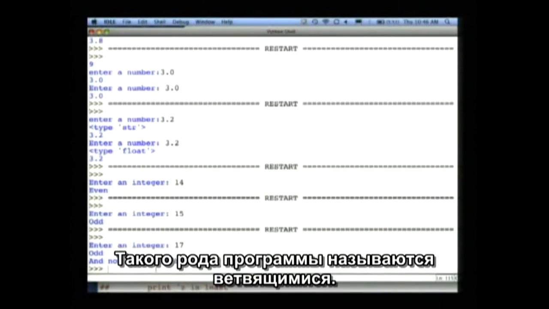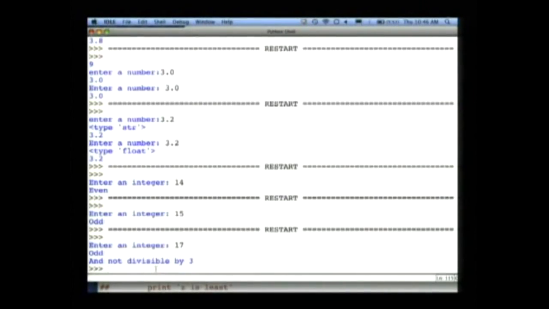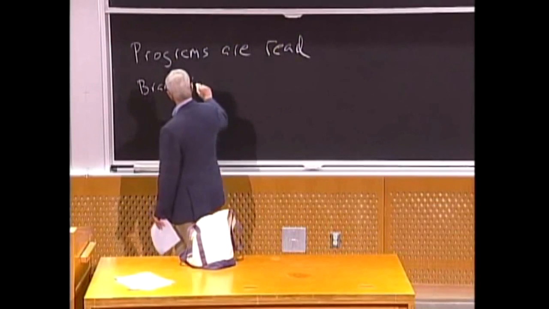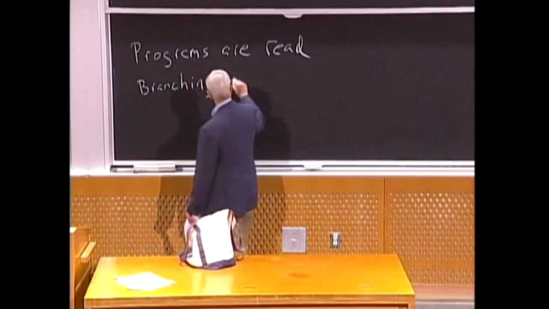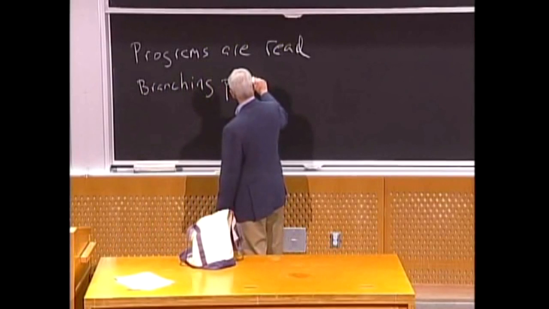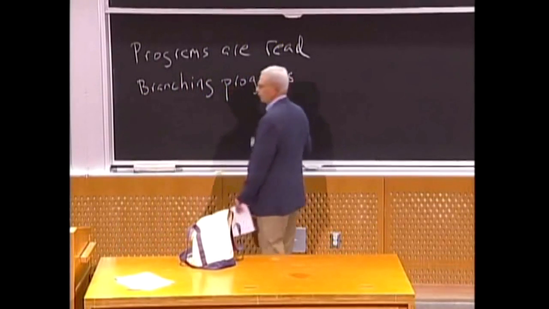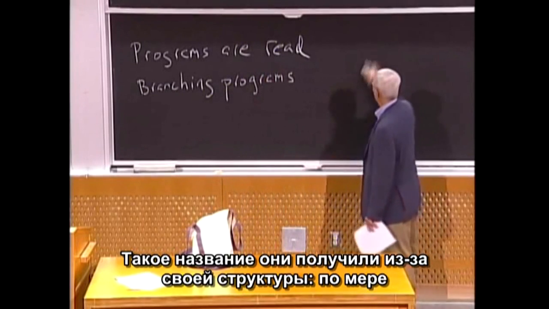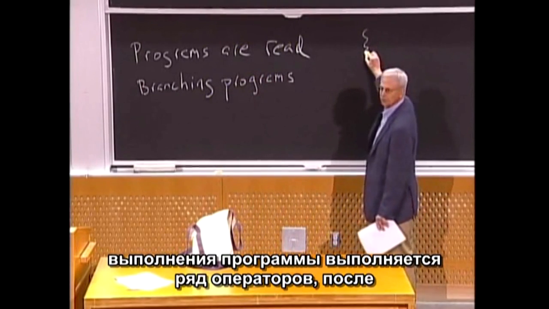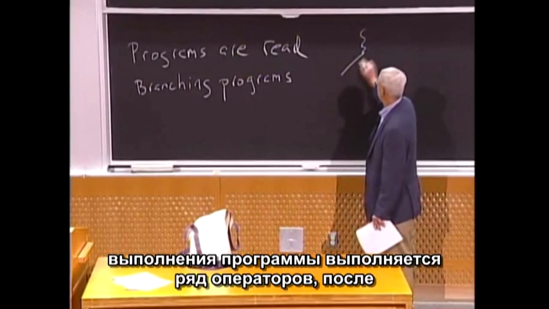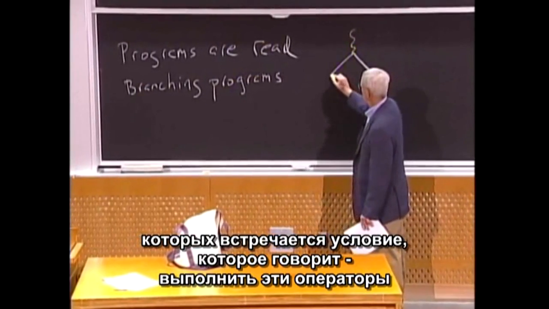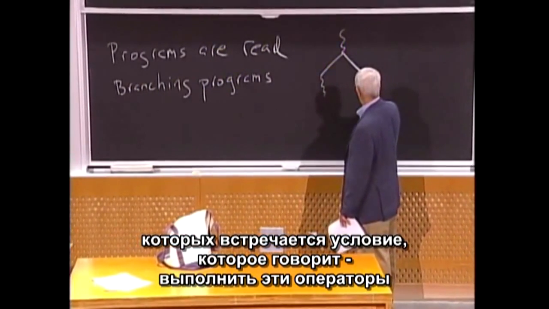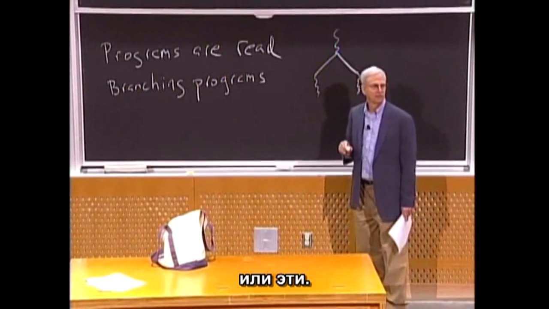These kinds of programs are called branching programs. And that's because the structure of them is you go down, you execute some statements, and then there's a branch which says execute these statements or execute those statements.